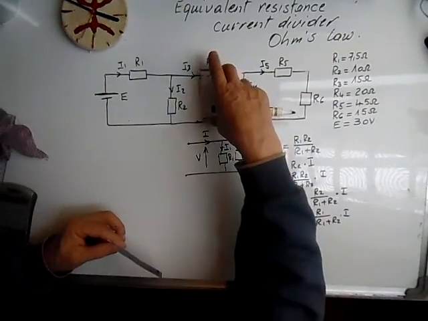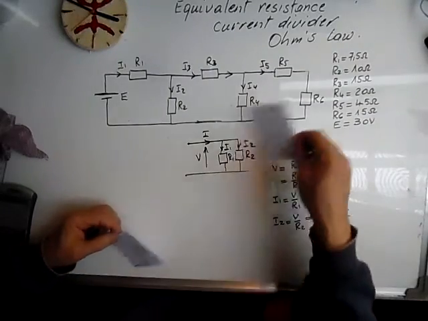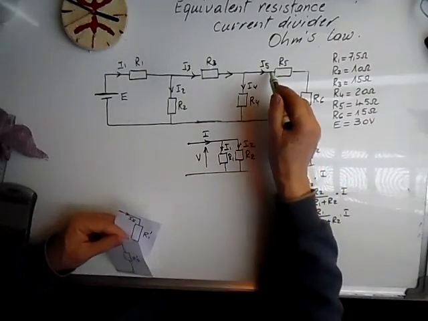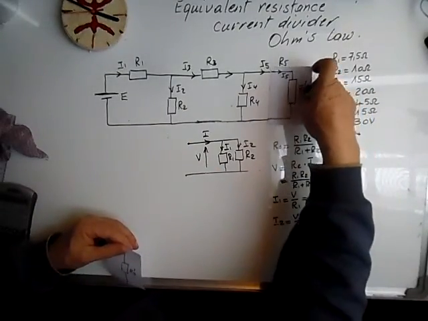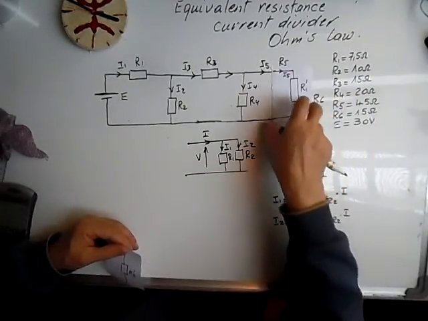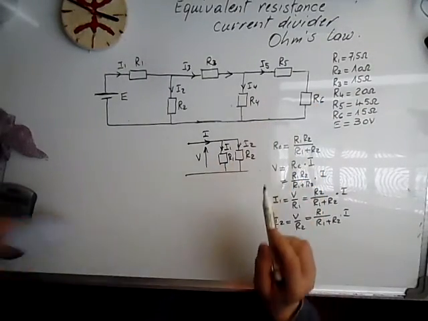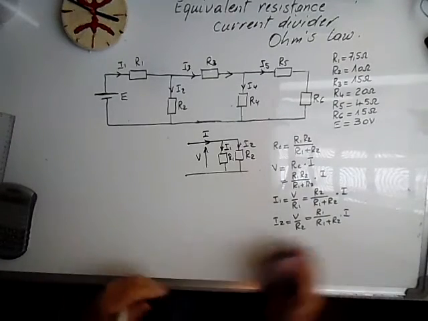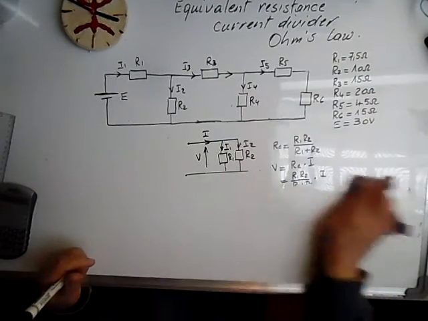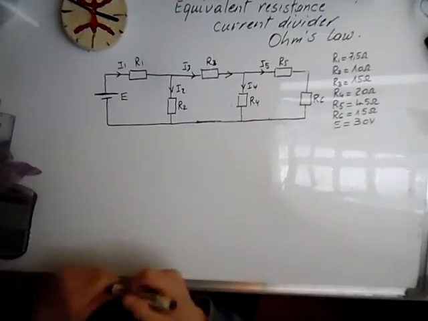And we can calculate also I5 and I4 knowing the equivalent resistance between these two points, R1 prime. So let's calculate the equivalent resistance now. All the equivalent resistances that we are going to calculate might help us to calculate the branch currents. Okay, let's go.